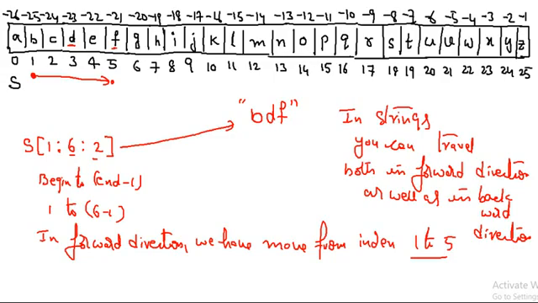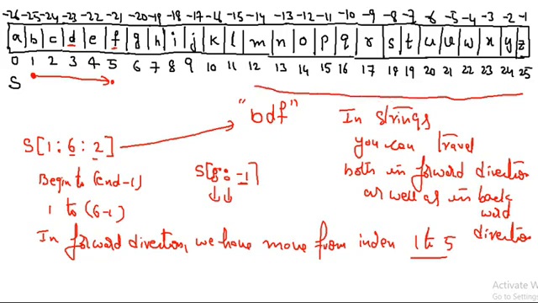So what has he given? Colon colon minus 1. There is no start index, there is no end index, but he has given minus 1. That means you have to start at index minus 1 and travel the entire string in the backward direction.